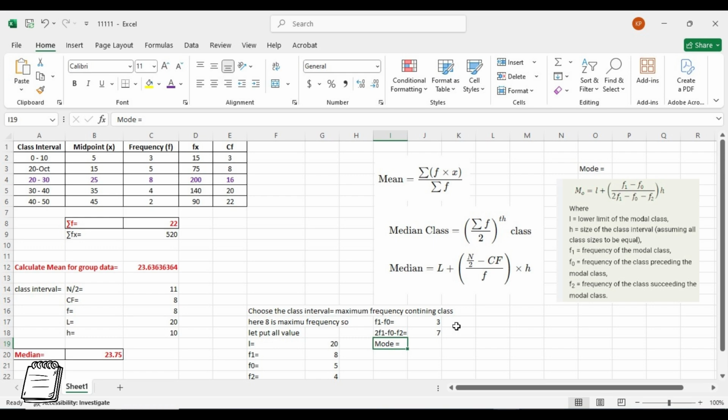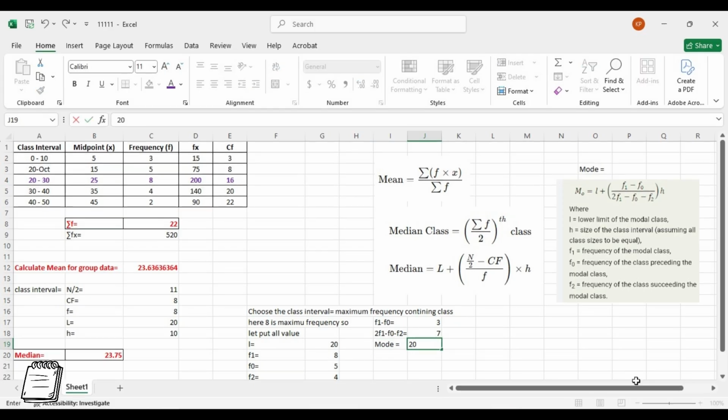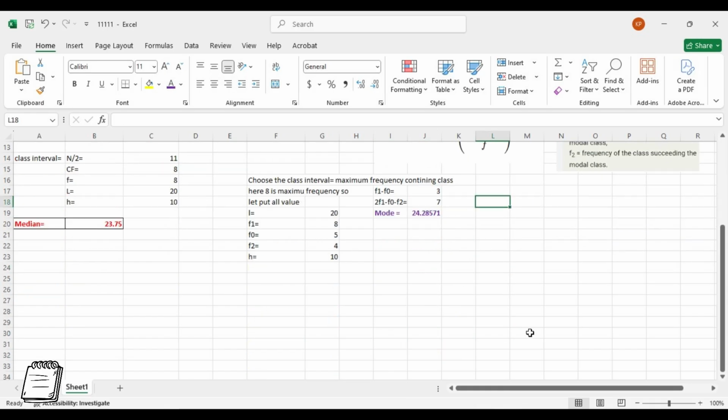Okay. Now put into the formula: 20 plus, into the bracket, 3 divided by 7, finish the bracket, and multiplication sign into 10, close the bracket. So what we have here, 24.28 is the mode of this group data.